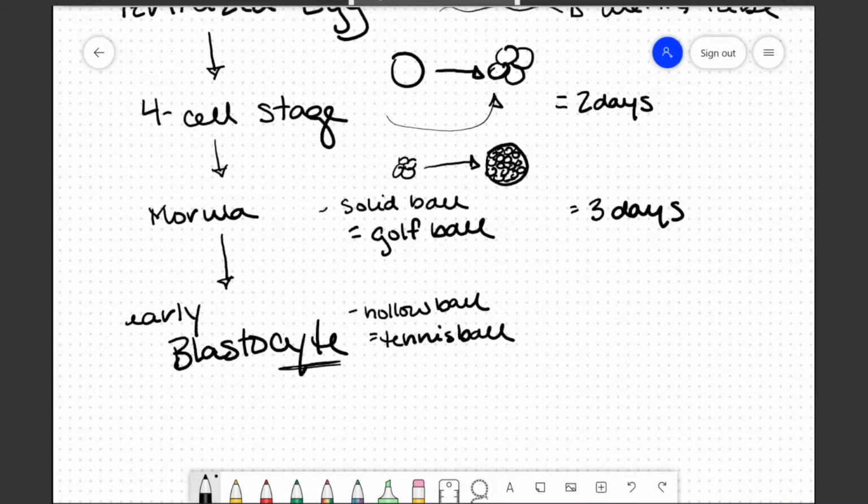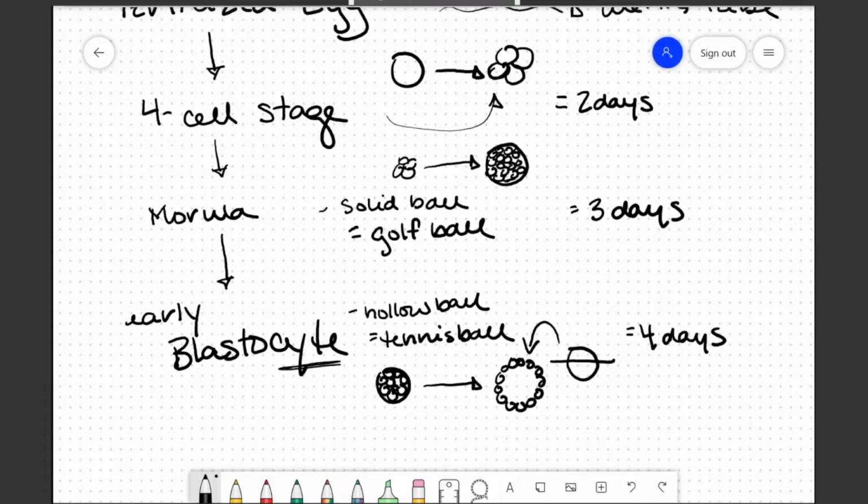We've taken our big ball of golf ball cells, it's full, and essentially this is going to convert into just the outside layer being a ring of cells. If you were to cut this ball in half, you get essentially a ring of cells around the outside, and the inside is going to be empty and hollow. This is an early blastocyte. This will happen at 4 days.